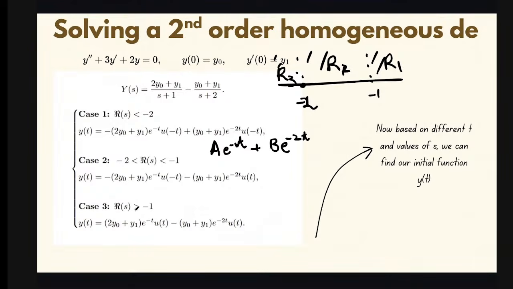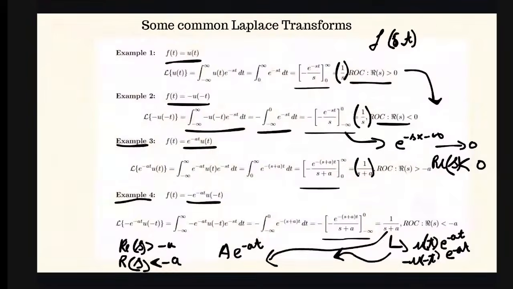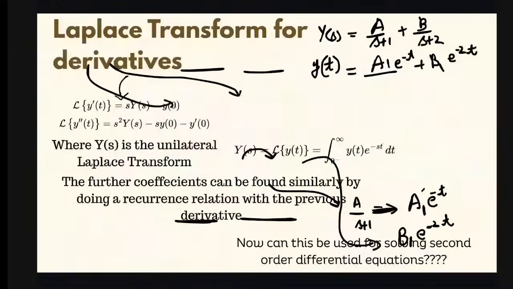And if you want to look at these ROCs, just remember like this. For a given, treat 1 by s plus a and the 1 by s plus b thing as independent functions and check for what the ROC is determining.